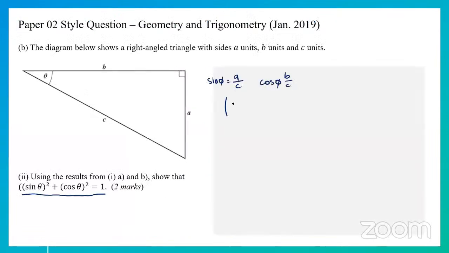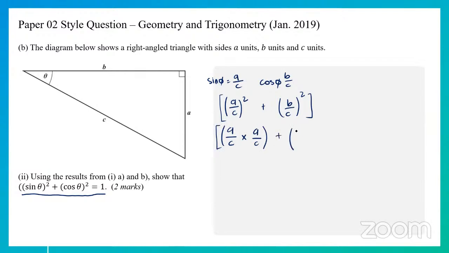Right, sine theta squared would be A over C squared, and cos theta squared would be B over C squared. So now, when we multiply this, it would look like A over C times A over C. I'm just going to put my plus sign there to show that that's where we are, and some brackets as well, for some clarity.